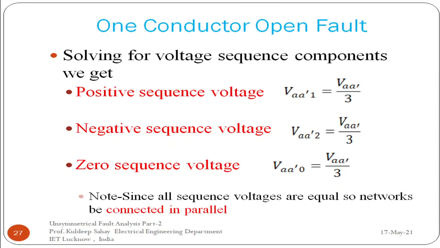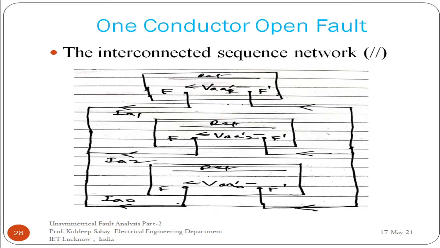So the sequence networks can be connected in parallel with each other; that will be the network connection possible.